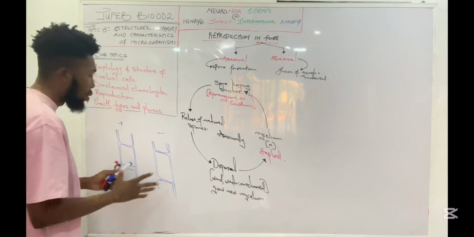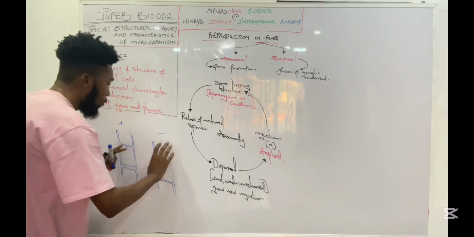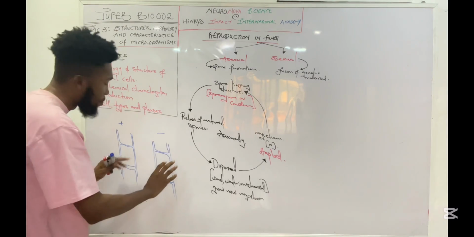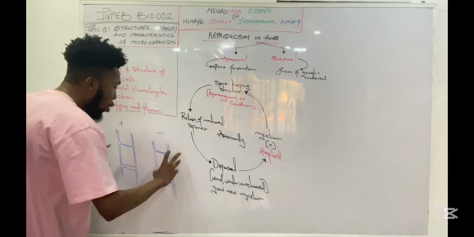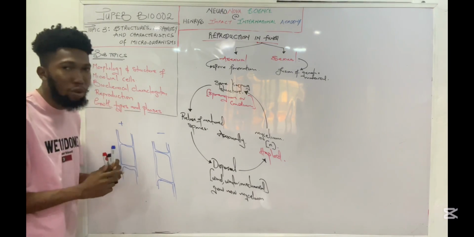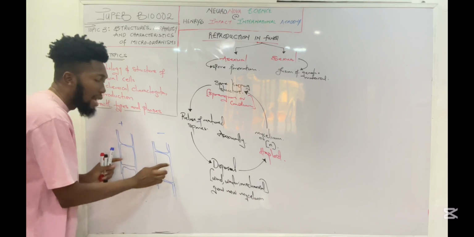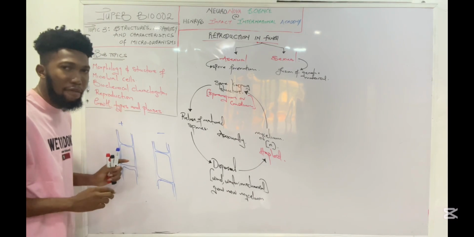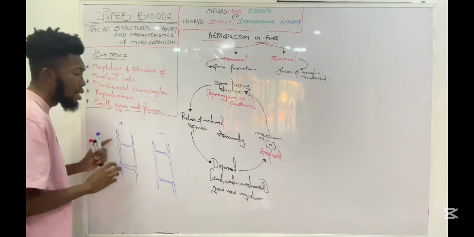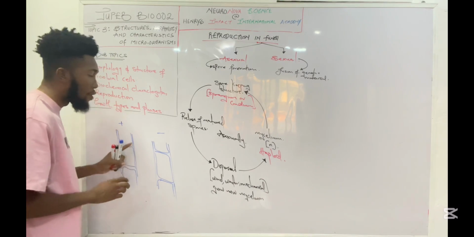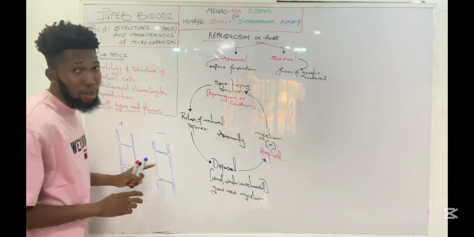What happens here is that these two fungi lie side by side and later come in contact with themselves through chemotaxis. That chemotaxis is a result of enzymes produced by the negative mycelium that attract the hyphae of the positive mycelium closer to itself.